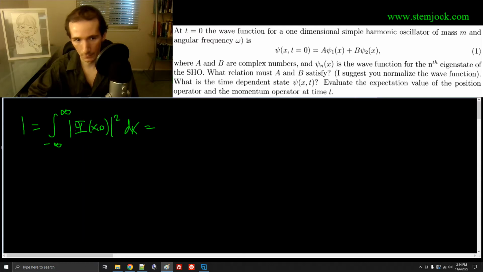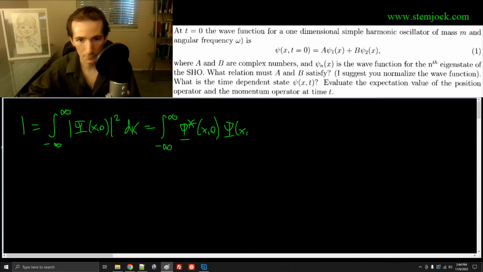So the modulus squared of a complex number is psi star x0 times psi x0 dx. Now, when I say star here, I mean the complex conjugate.